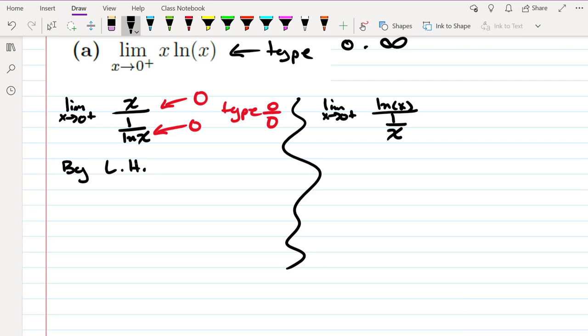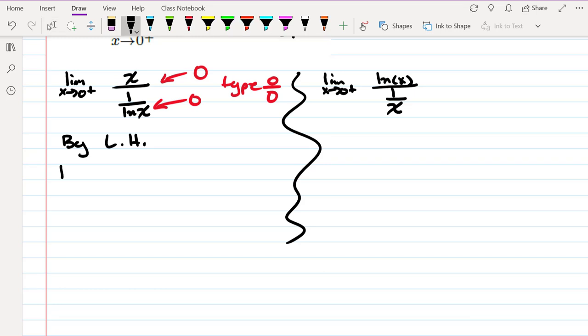In the numerator, the derivative of x is 1, over, and then in the denominator, we need to take the derivative of 1 over the natural logarithm of x.